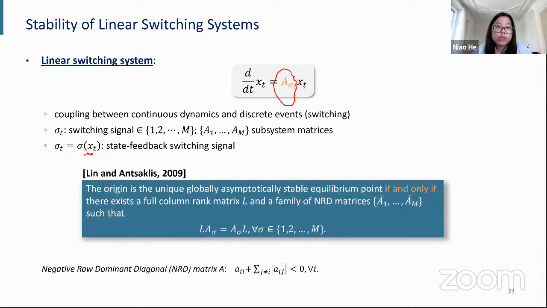There actually exist a lot of interesting results about the stability of linear switching systems. Particularly, here is one nice result that says that the linear switching system is globally asymptotically stable if and only if you can find some full rank matrix L and a family of negative row dominant matrices A1 to AM, such that the following condition is satisfied for any given matrix from A1 to AM, right?